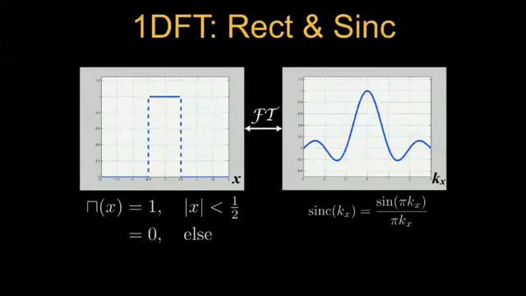Now, the Fourier transform of this rectangle is very important, and it has its own definition. It's known as the sinc function. If you go through the math of the Fourier transform, you'll see that a rectangle transforms into sine of pi kx divided by pi kx. And it's used so frequently that there's a special function named for it, the sinc function.